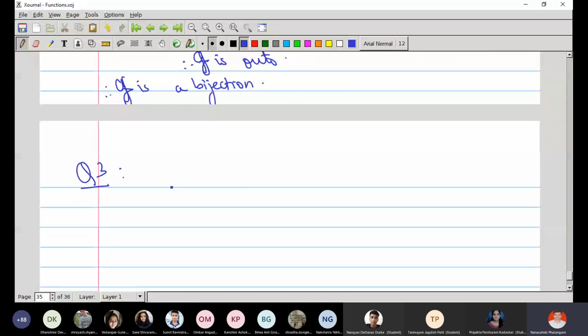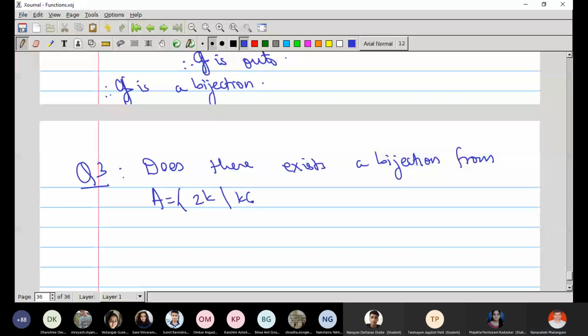So does there exist a bijection from A to N? A means even numbers. Even numbers to natural numbers.